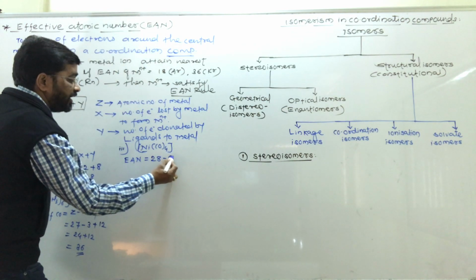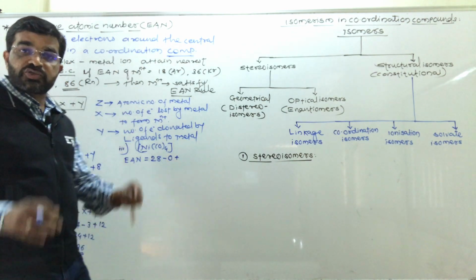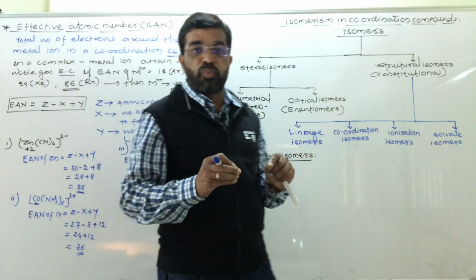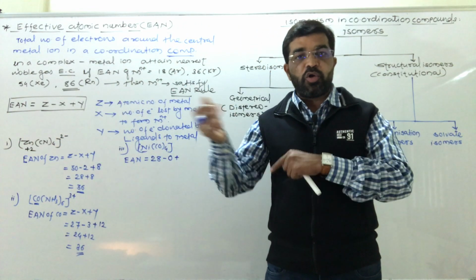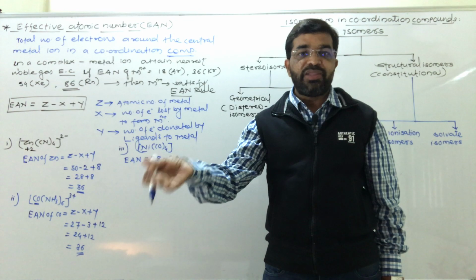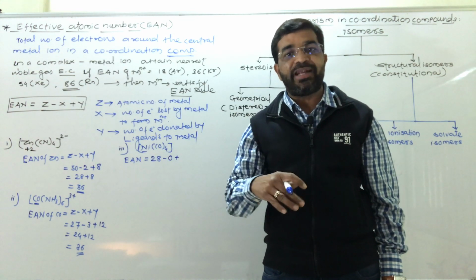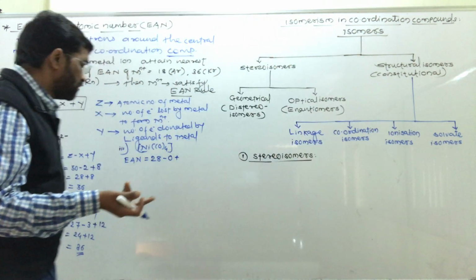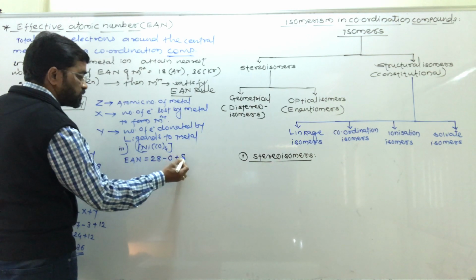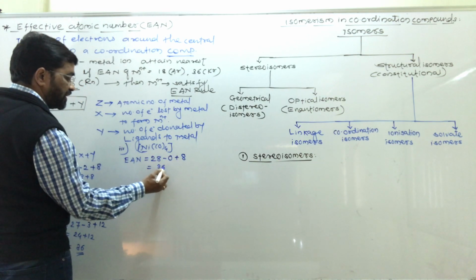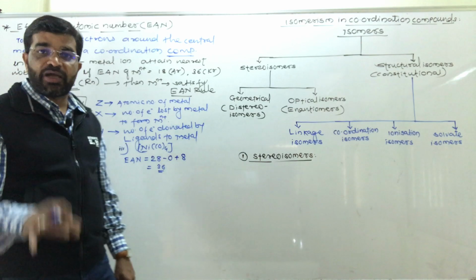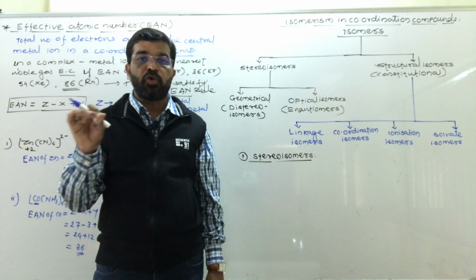So 28 minus 0 plus, 1 carbonyl group donates 1 lone pair of electrons to nickel. Therefore 4 carbonyl groups will donate 8 electrons to it, and therefore it is plus 8, and this is also 36, which satisfies the effective atomic number rule.